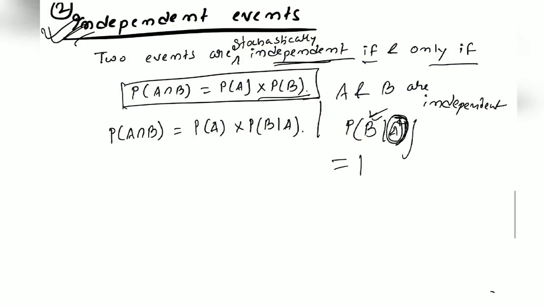So that's why you can write this term directly as P of B. Just substitute this value here so that you can get P of A into P of B.